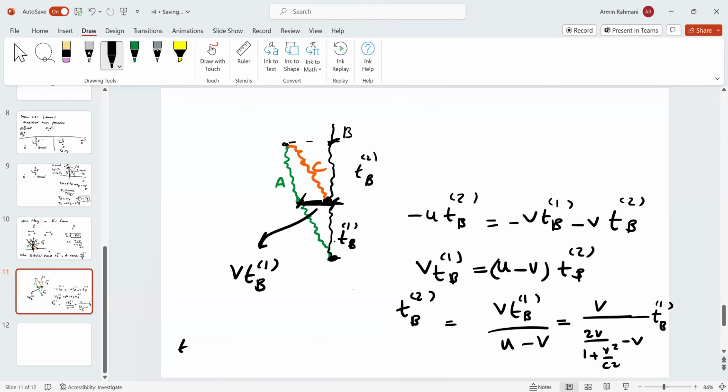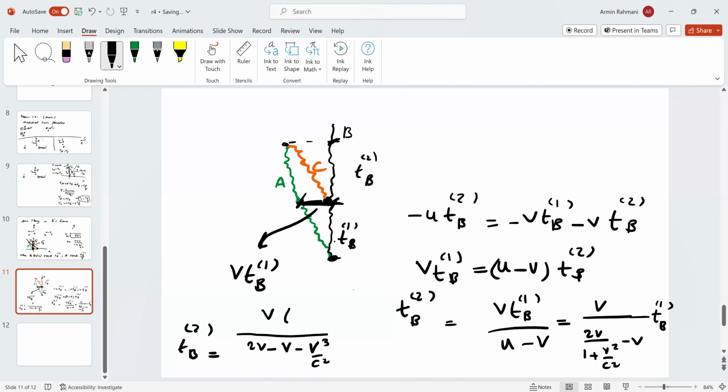So TB2 will be, I have a V upstairs. I have a 2V minus V minus V cubed over C squared.